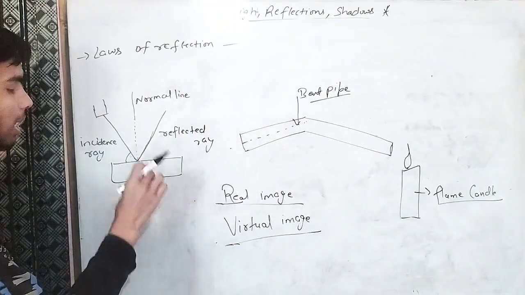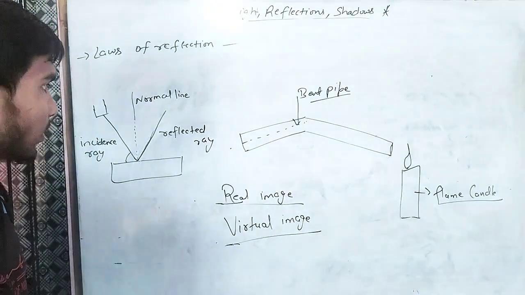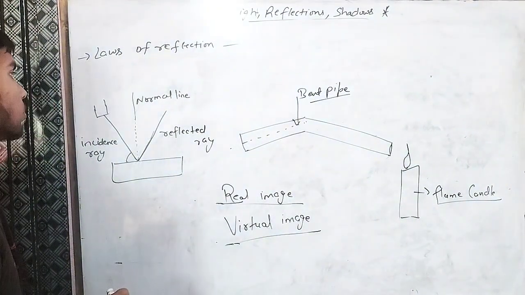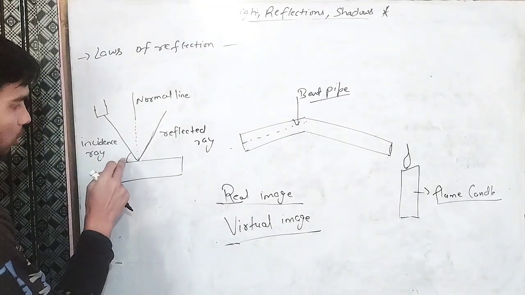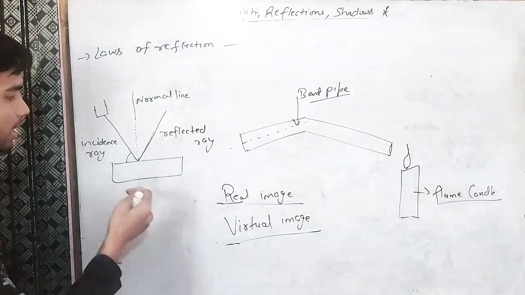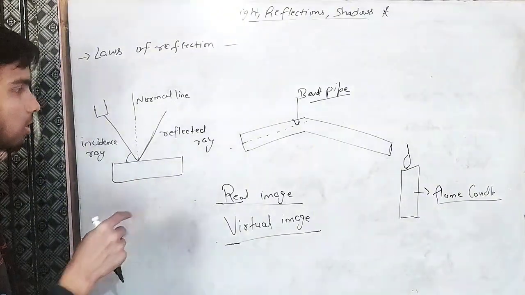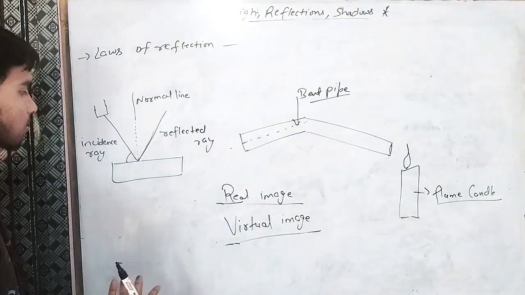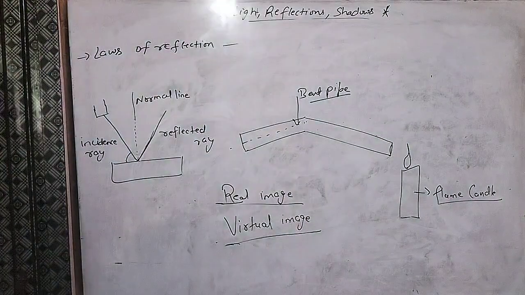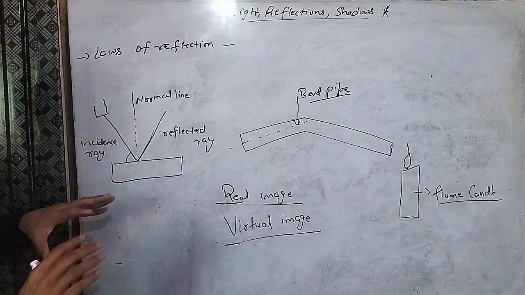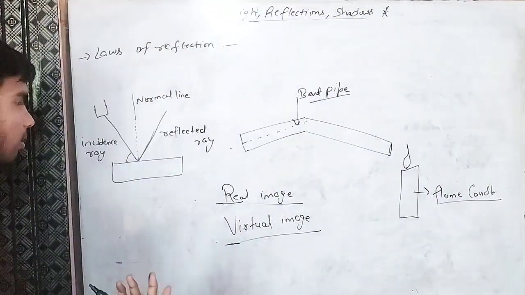So if the angle of the incidence ray is 60 degrees, the angle of the reflected ray will be 60 degrees, because the incidence ray is falling on a plane mirror. That's why both are equal.